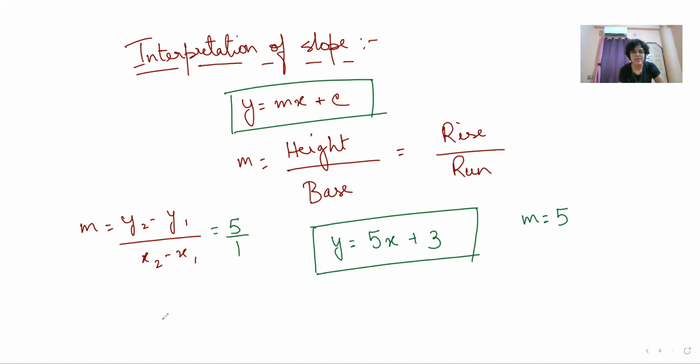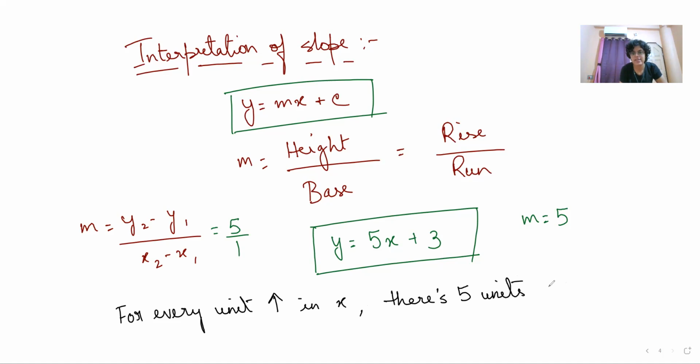Now that clearly translates to: for every unit increase in x, there's 5 units increase in y, right? Now we know this is an increase, it can be a decrease as well, right?